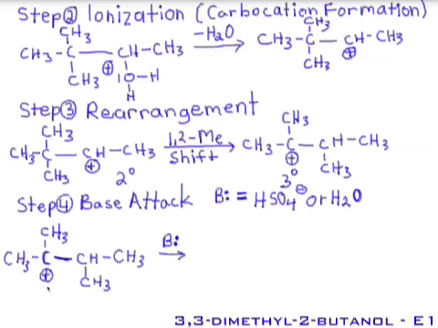The carbon with the positive charge is my alpha carbon. Carbons attached to the alpha carbon are beta. So this carbon's beta, this carbon's beta, and this carbon's beta. Now the beta I put in the square box.